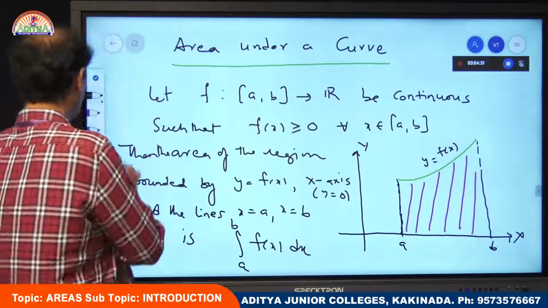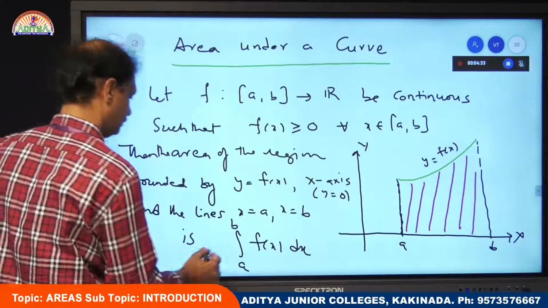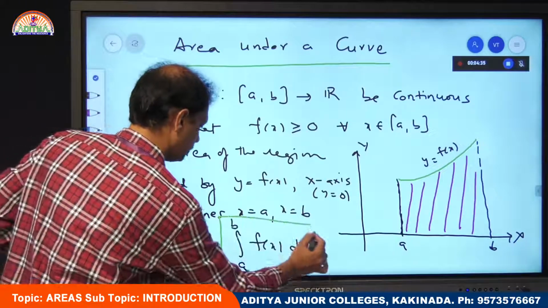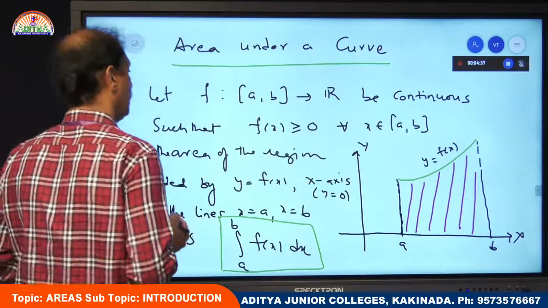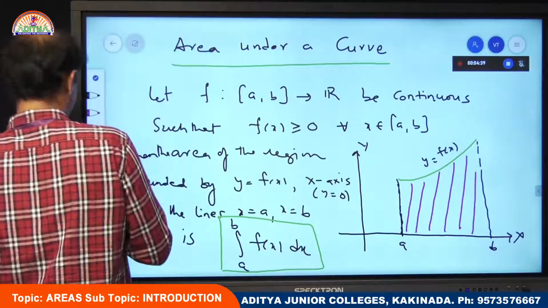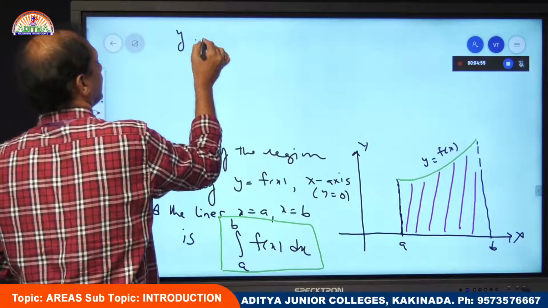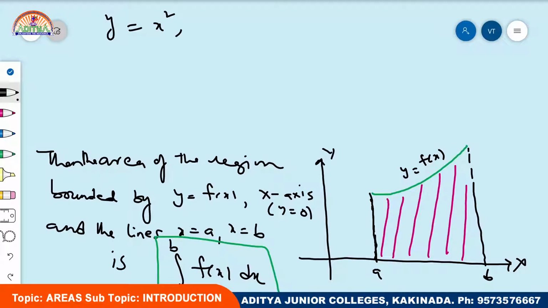Okay. Now here we are going to observe an example. I am taking the curve y equal to x square, x axis, x equal to 1, x equal to 2.